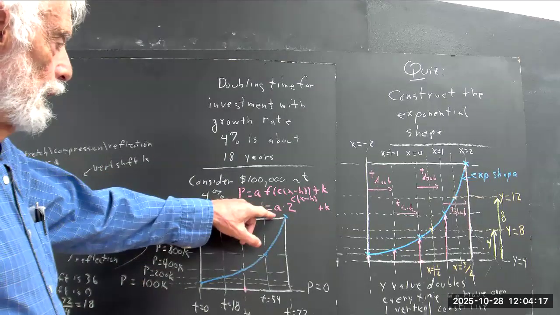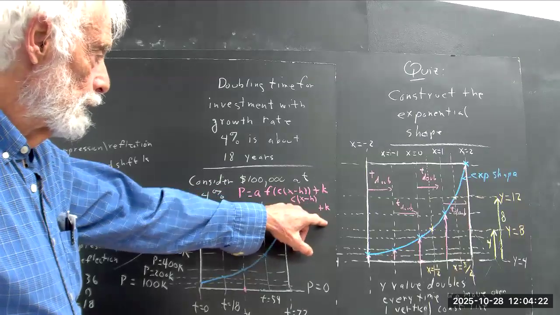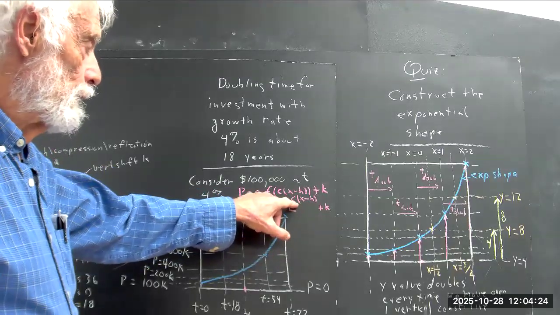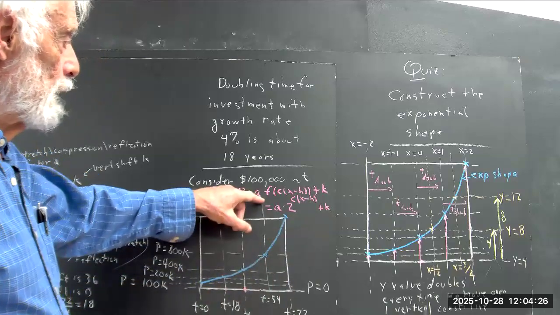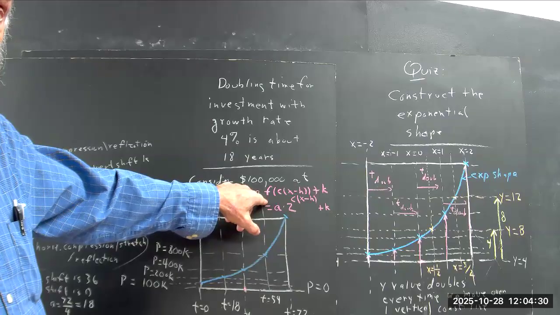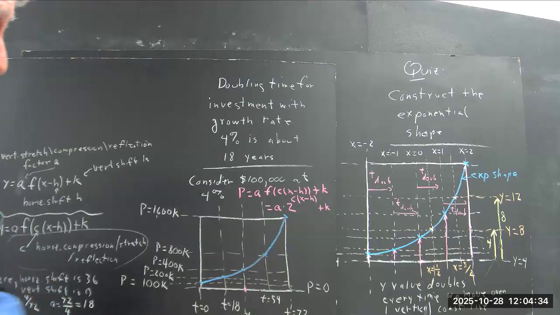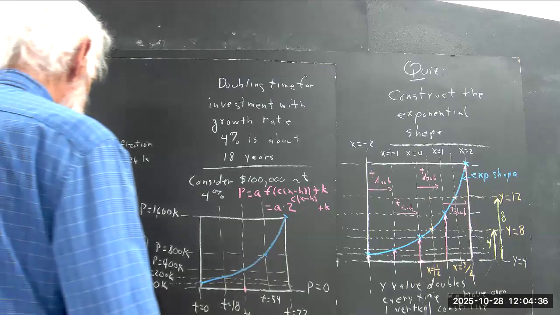So your principal will be a times 2 to the c times x minus h plus k. Why is it 2 to the c times x minus h? Because your toolkit function is f of x equals 2 to the x. Now you might not remember that, so I'll write it down.